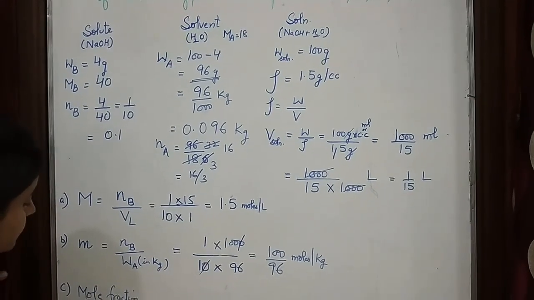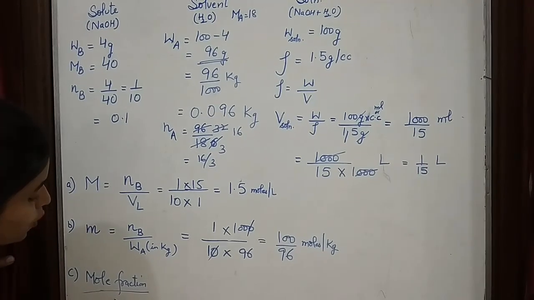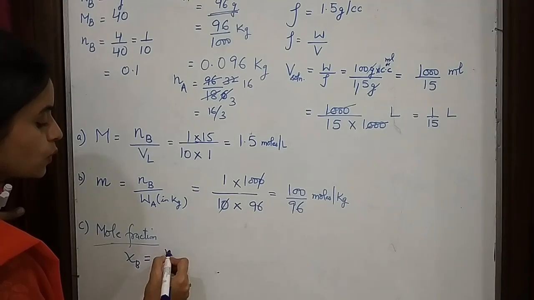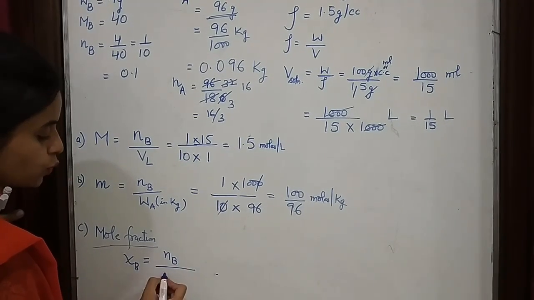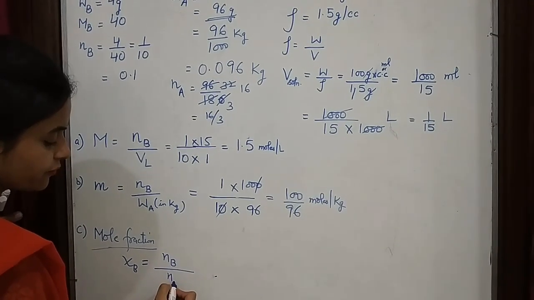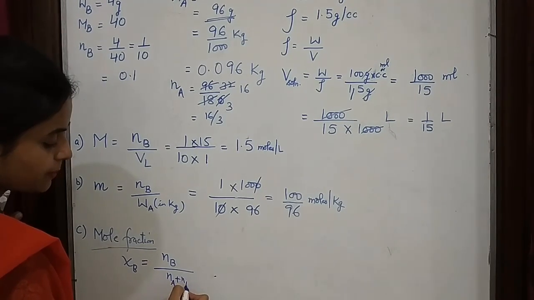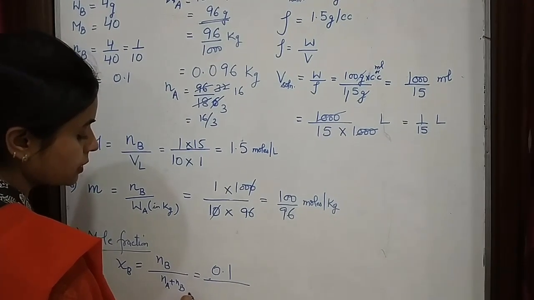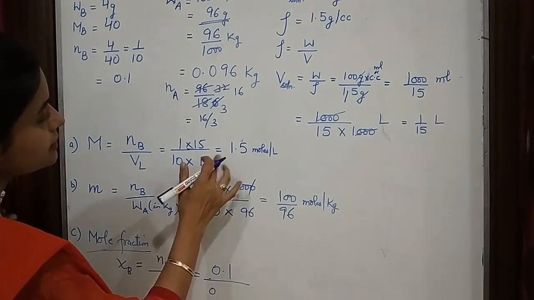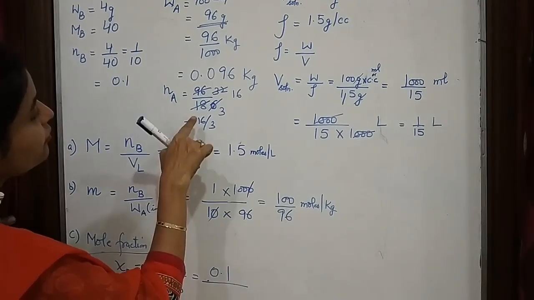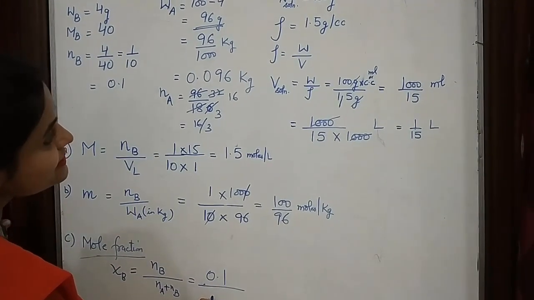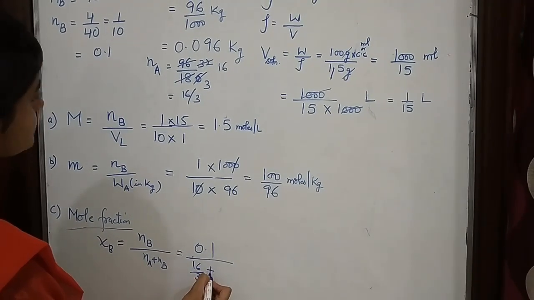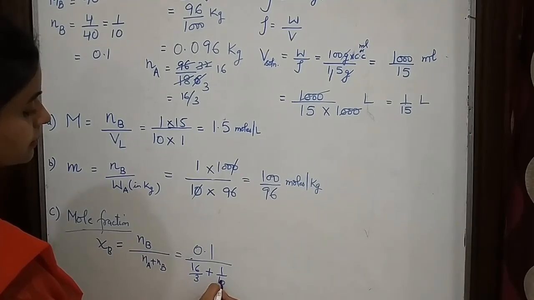So mole fraction of solute, chi A, is equal to number of moles of solute upon total number of moles, that is nA plus nB, and nA is 0.1 upon the number of moles of solvent, 16 by 3, plus 1 by 10 or 0.1.